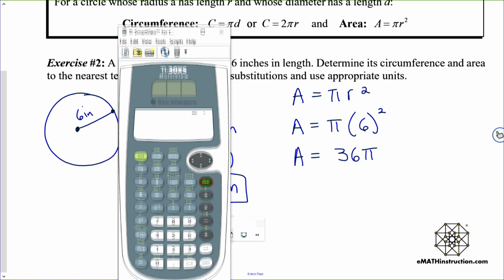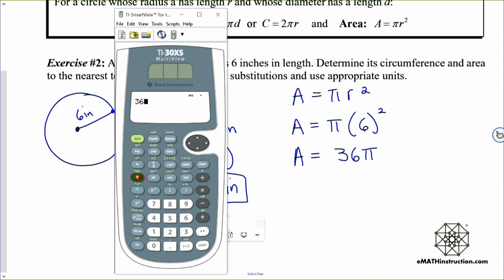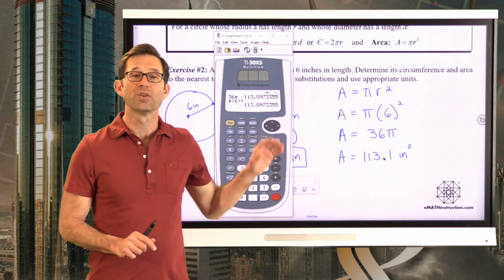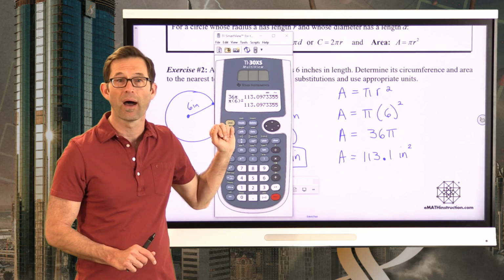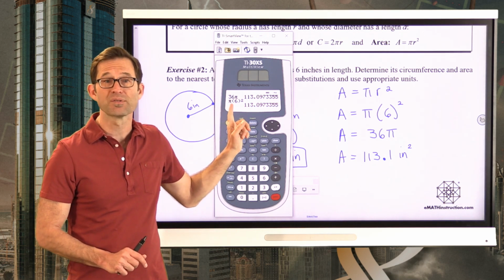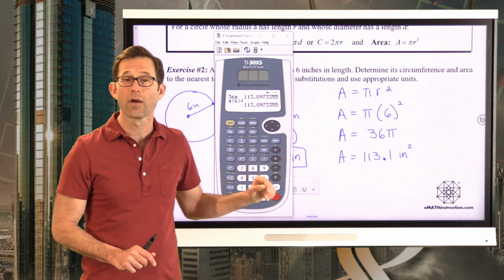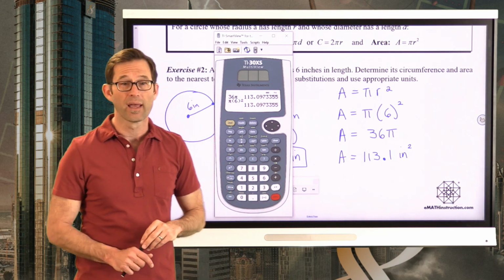So we could either do it like that, and we would then get an area of 113.1 square inches, or you could just put it in as pi times 6 squared, which is going to give us exactly the same answer. It's really up to you whether you want to evaluate the 6 squared and then put in 36 times pi, or whether you just want to put in pi times 6 to the second. Your calculator will take care of it either way, and then we can round the answer to whatever we need to.